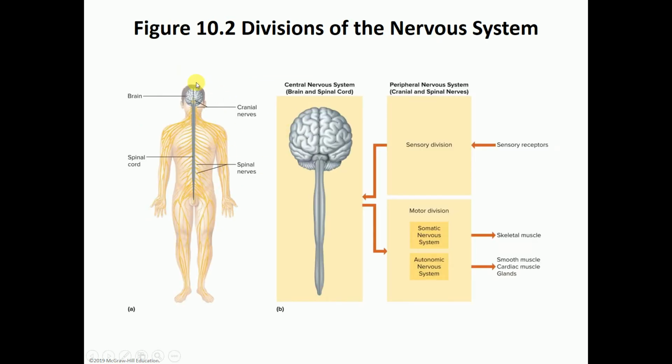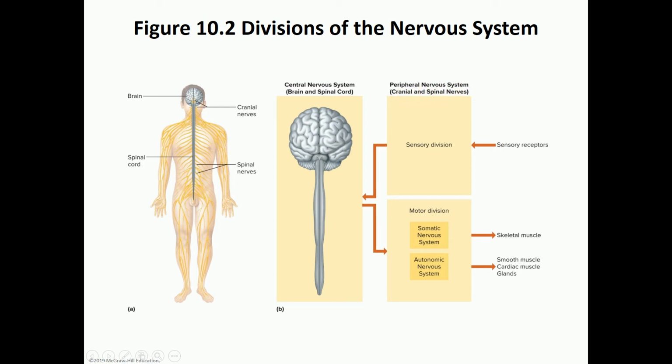Again, your CNS is the brain and spinal cord, while the peripheral nervous system would be the nerves coming out of the CNS. So the nerves coming out of the brain are known as cranial nerves, and the nerves coming out of the spine are known as spinal nerves. Okay, so again, your CNS, brain, and spinal cord, while your peripheral would be your cranial and spinal nerves.